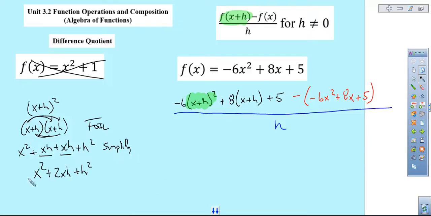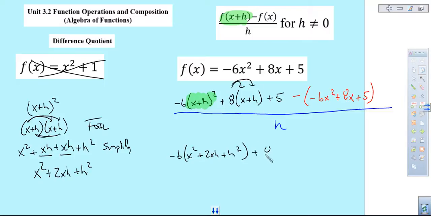So now we're going to take that and bring it back over here, and what we really have right here is negative 6 times x squared plus 2xh plus h squared. And if you want to start simplifying other spots, you can. So if you want to start distributing, so that way you don't have to rewrite it several times, we can distribute this guy as we copy it down.